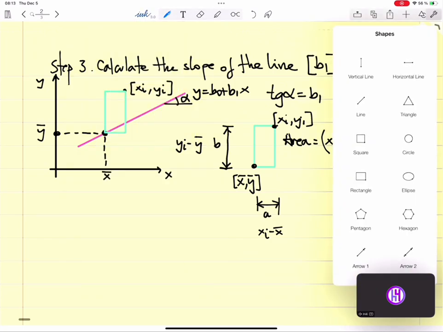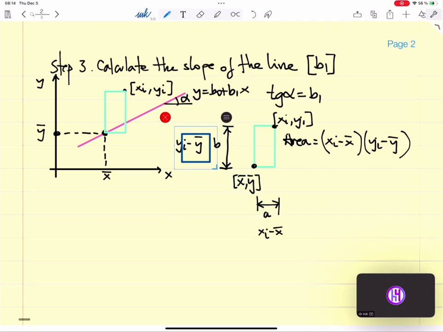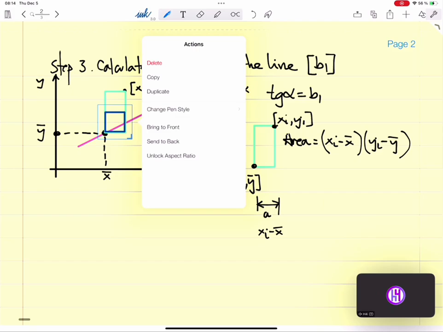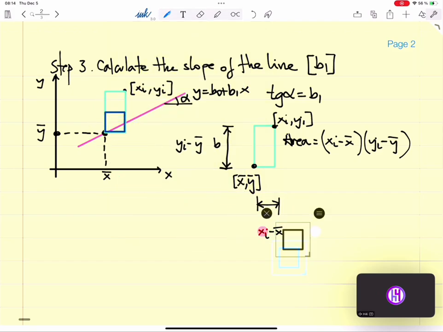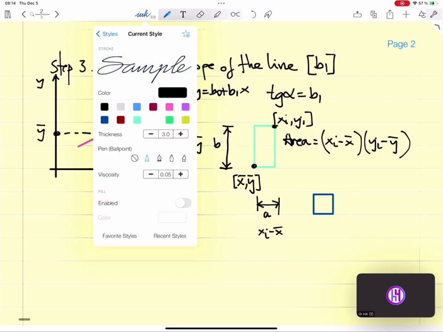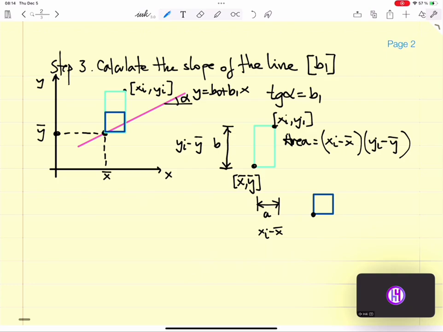So now we take the square centering the midpoint. So this square has an area of what?